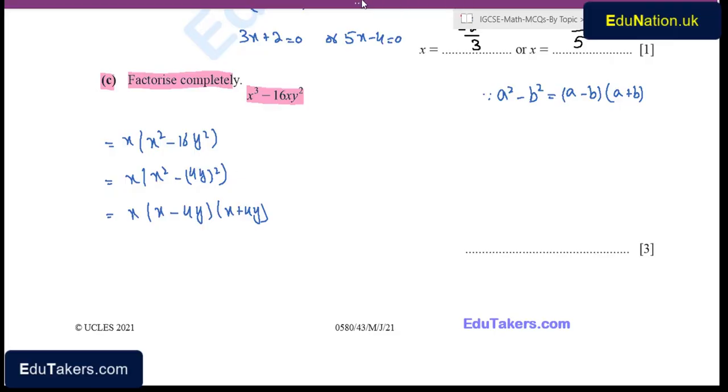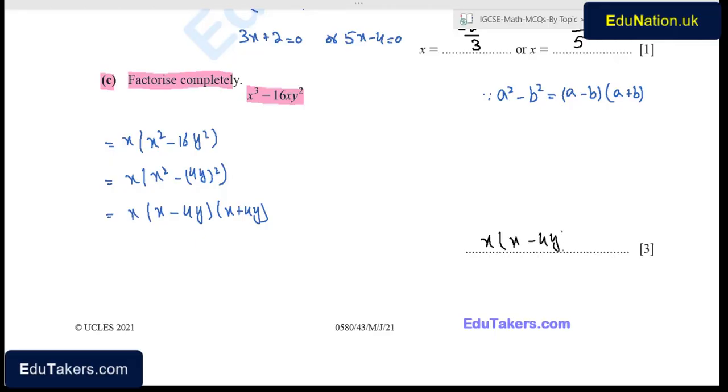This is in completely factorized form: x(x − 4y)(x + 4y).